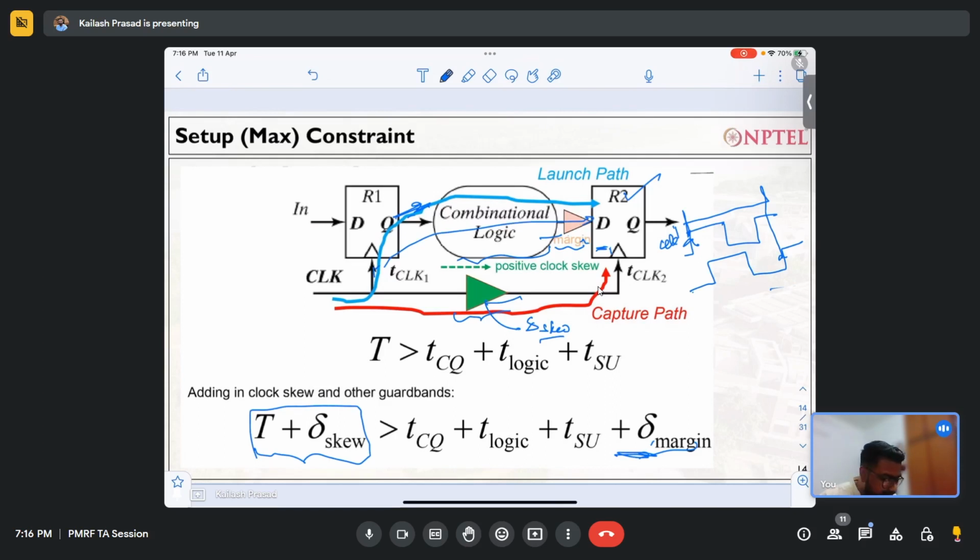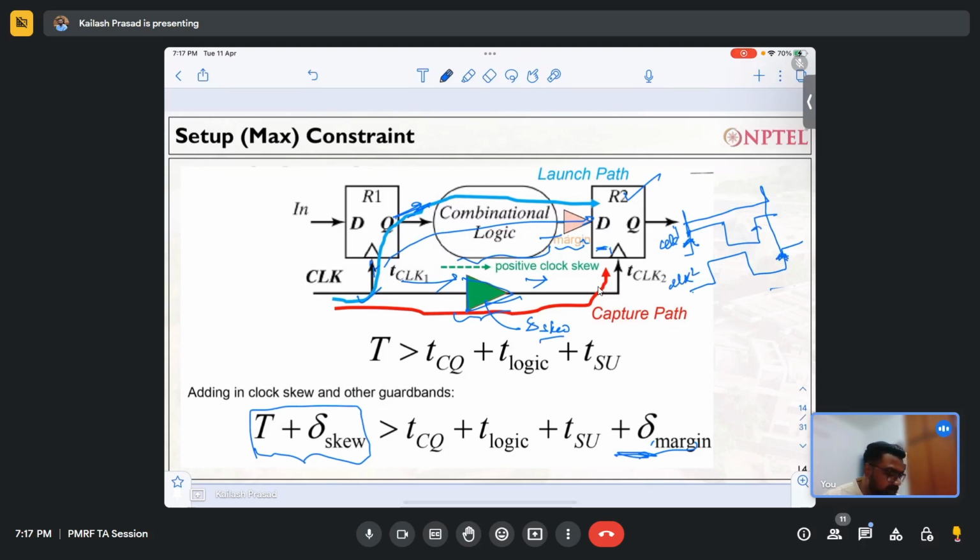But you should understand that if I have a positive skew, your clock going from here to here, the first clock is coming to this flip-flop at this time, but the second clock is coming delayed as compared to this one.